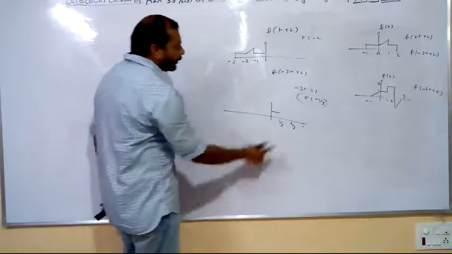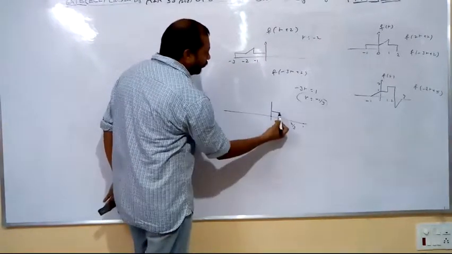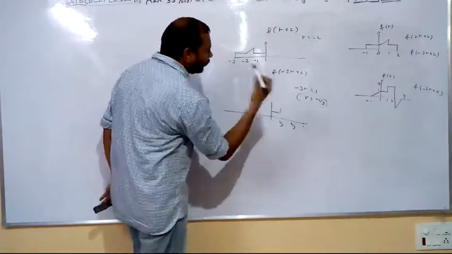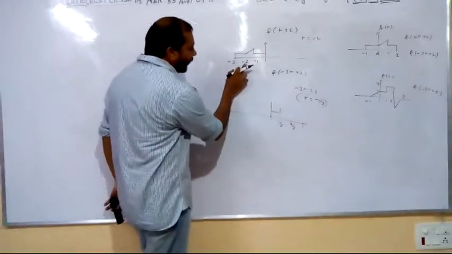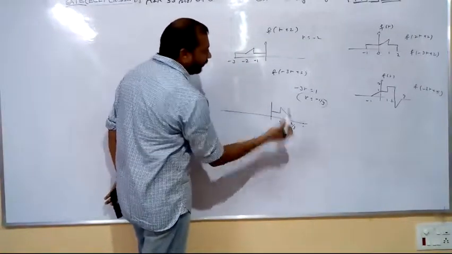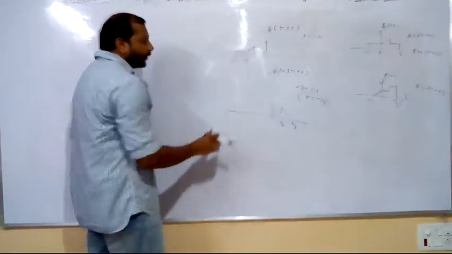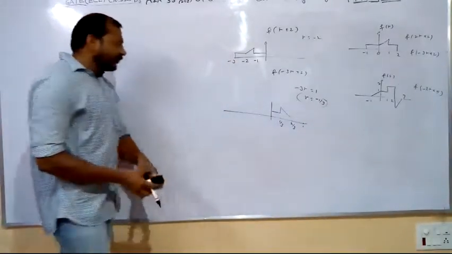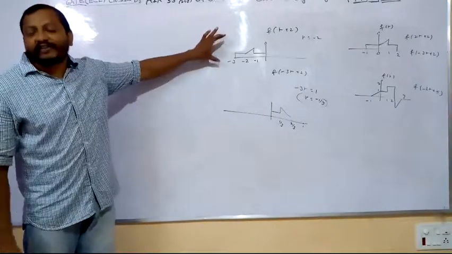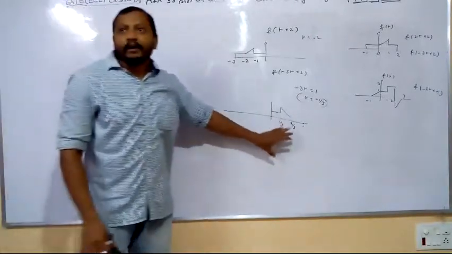At t equal to minus 1 the shape of the signal is like this, and at t equal to minus 2 the shape should be like this, because drawing of the signal is very important here. Whatever the shape at the previous instances, that same shape is to be drawn at the new instances.